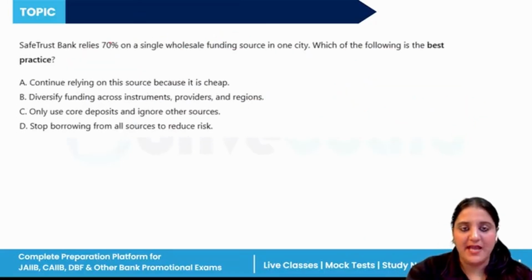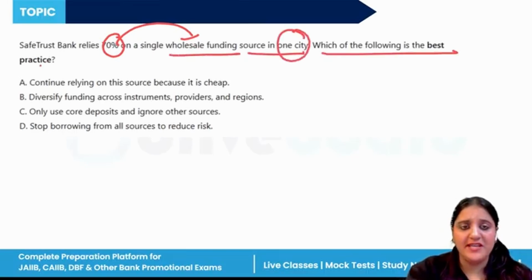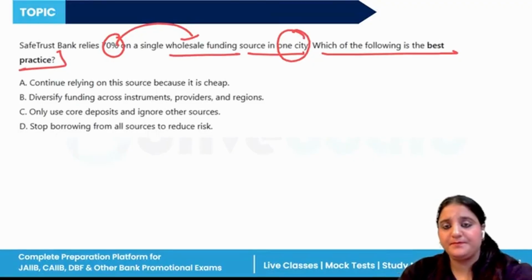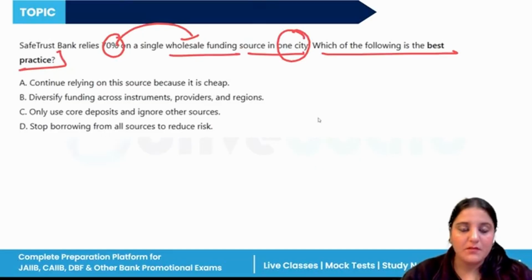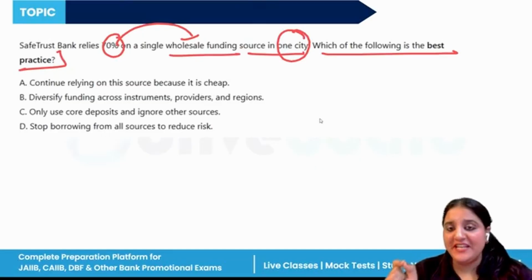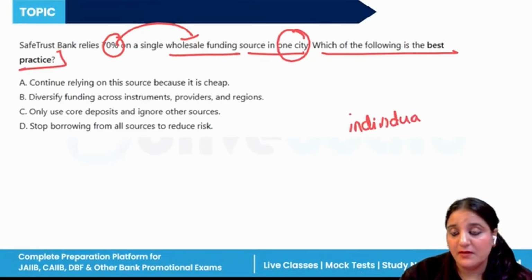Again, Safe Trust Bank relies 70% on a single wholesale funding source in one city. So which of the following is the best practice here? See, the bank has to evaluate the individual funding sources, right?